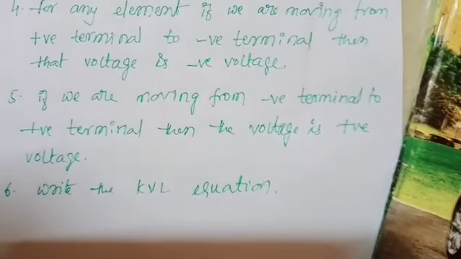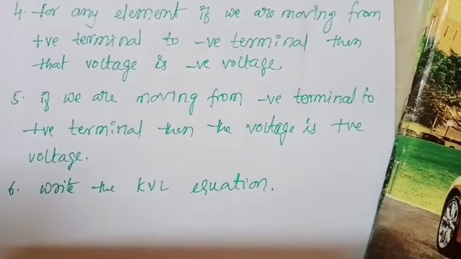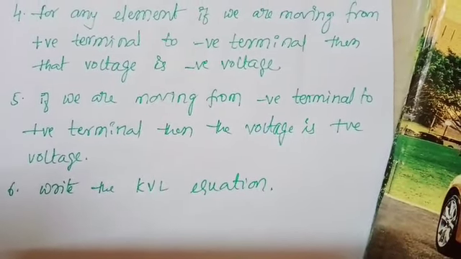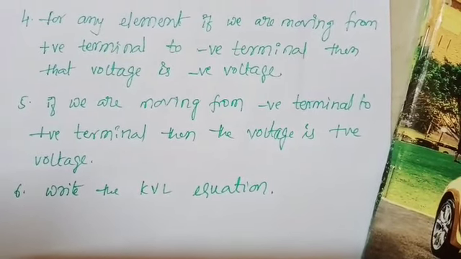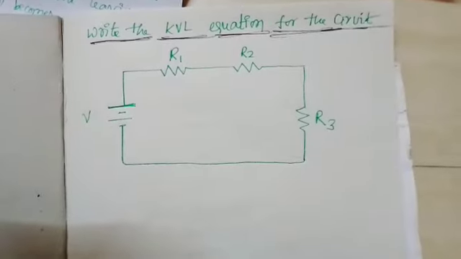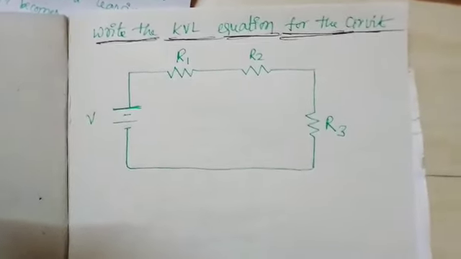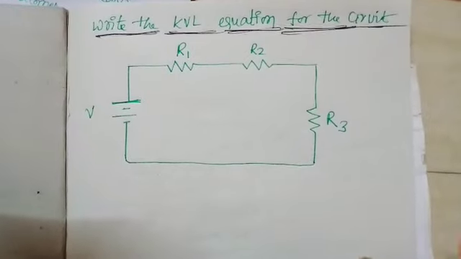Similarly, if we are moving from the negative terminal to the positive terminal across any element, then that voltage becomes a positive voltage. So based on these rules, we will write the KVL equation for the given circuit.